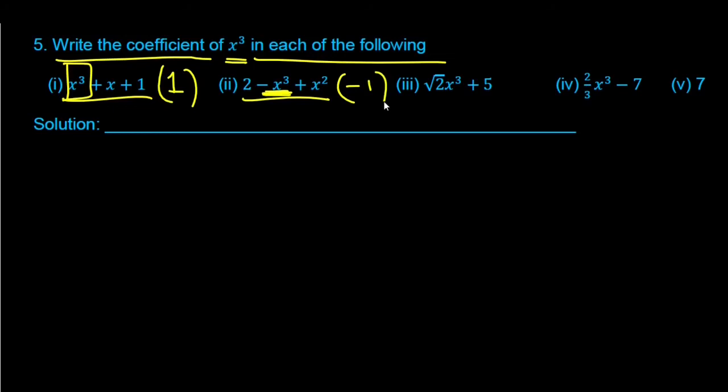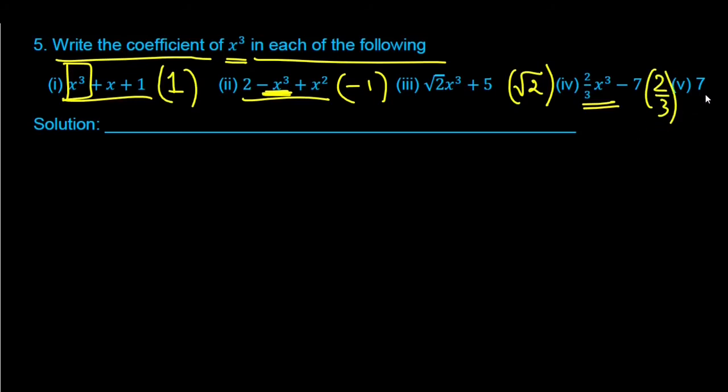Minus 1 is the coefficient of the x cube term. Here root 2 x power 3, so the coefficient of x cube is root 2. In this term, 2 by 3 is the coefficient of x cube.